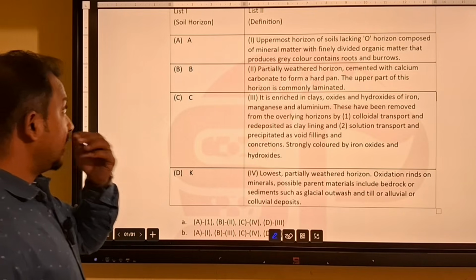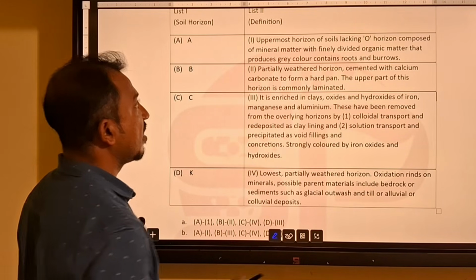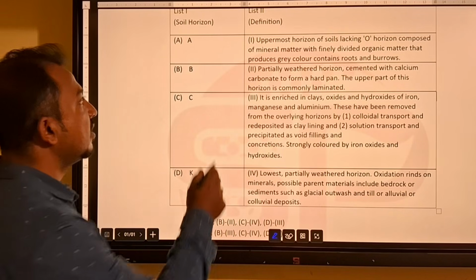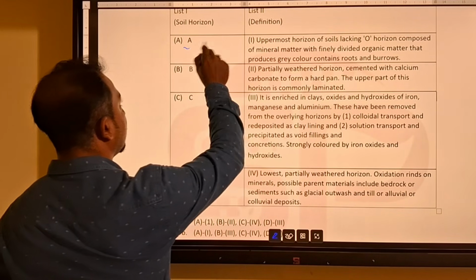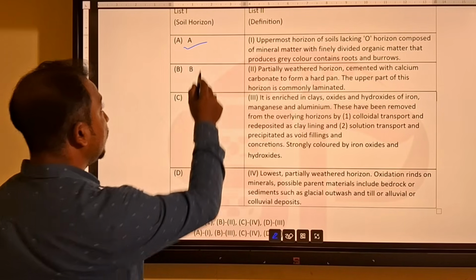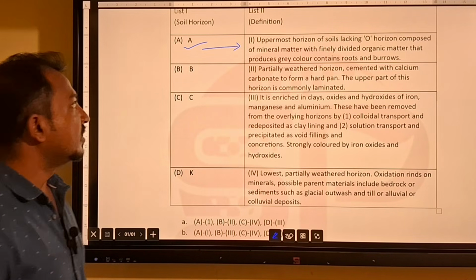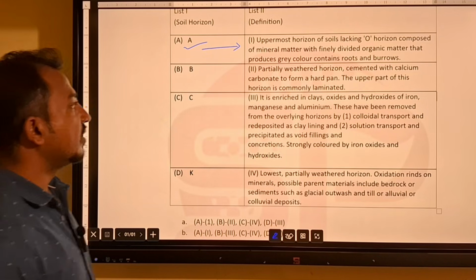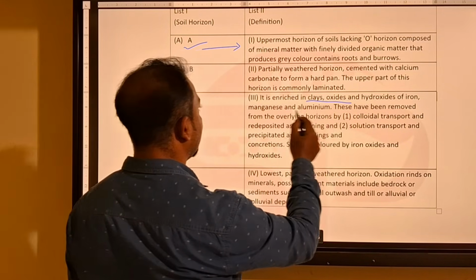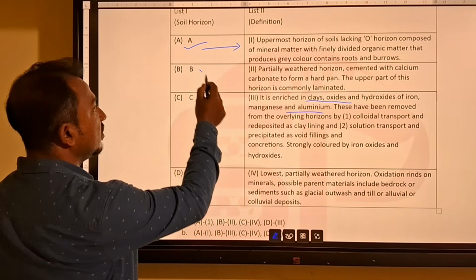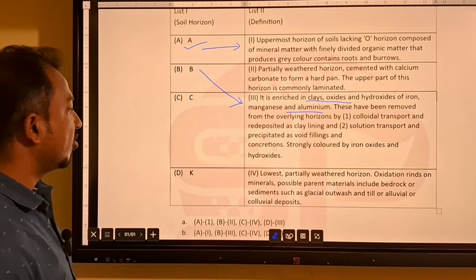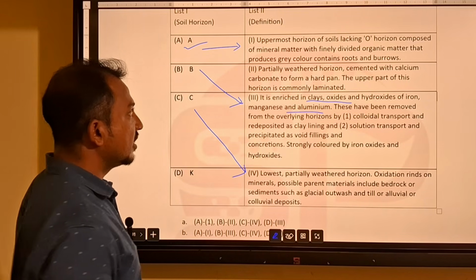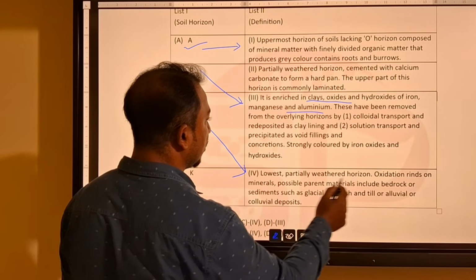The A horizon is the uppermost horizon, lacking the O horizon, composed of mineral matter with finely divided organic matter. You will find roots and burrows in the top A horizon. So A will be first. Then the B horizon is the illuviation layer. It is enriched in clay, oxides, hydroxides, magnesium, aluminum. So this will be the third layer. Then C is the lowest, partially weathered horizon.